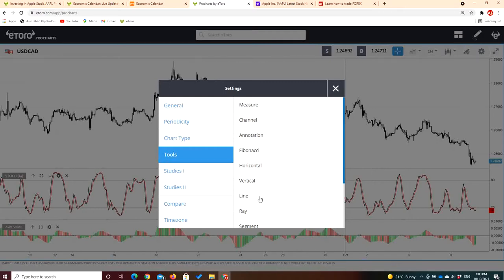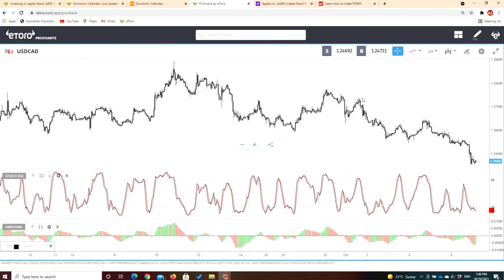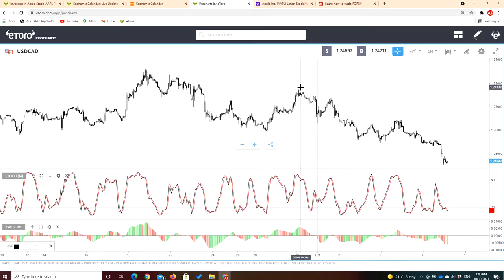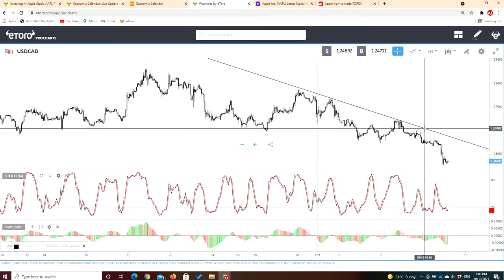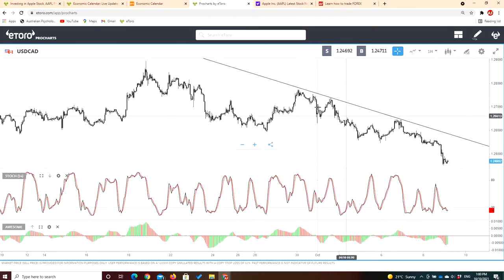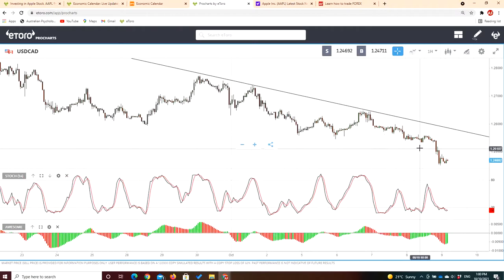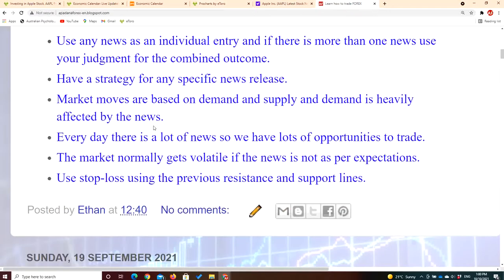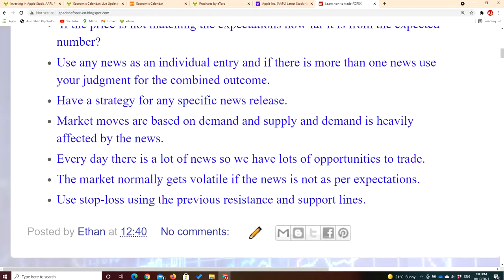Oops, sorry. It's not always that user friendly anyway. So if you draw a line here, you can always put your stop loss somewhere above this line. But as you can see, it's on the downtrend. And when we hear very, very good news for Canada, then the price drops even more. So, yeah, using the stop loss.